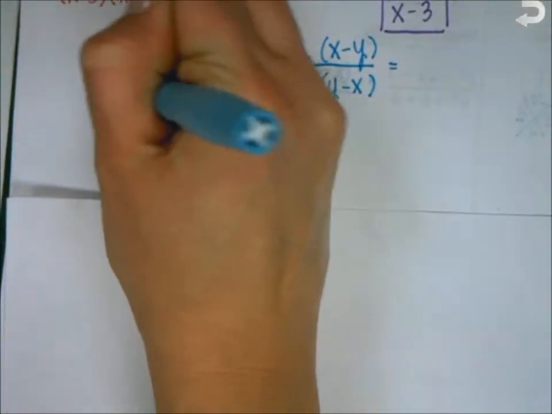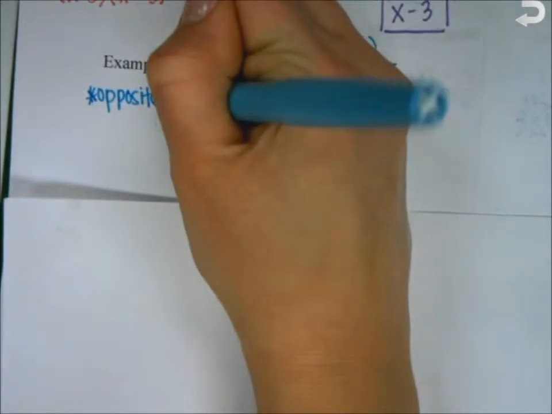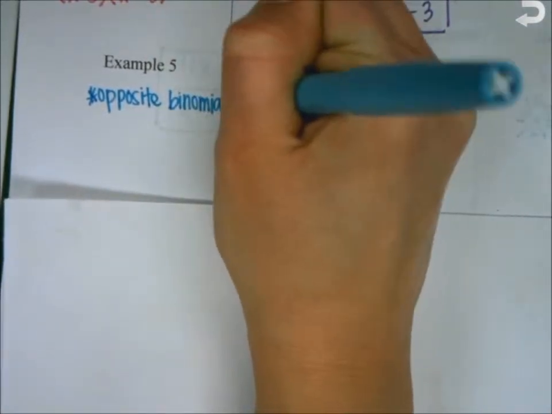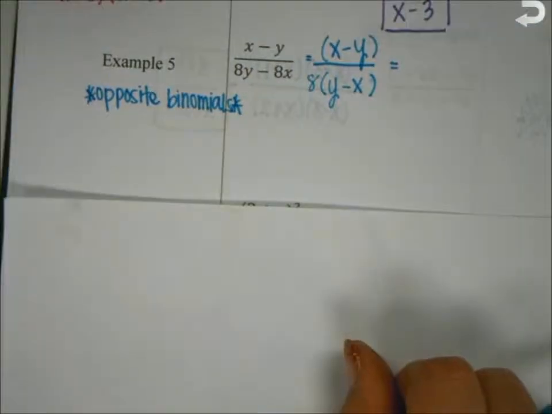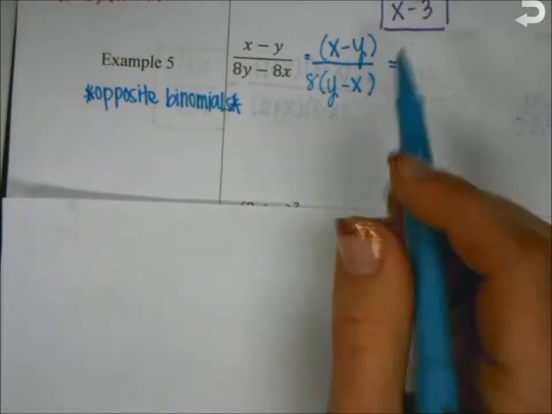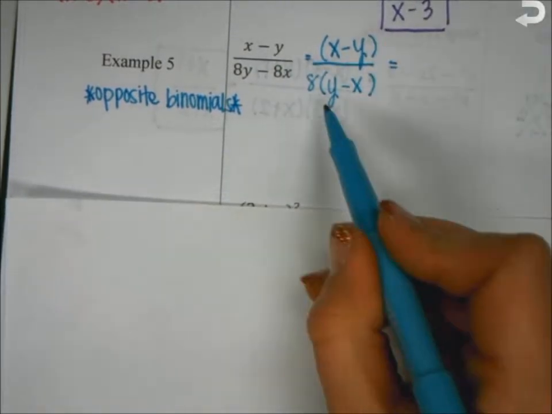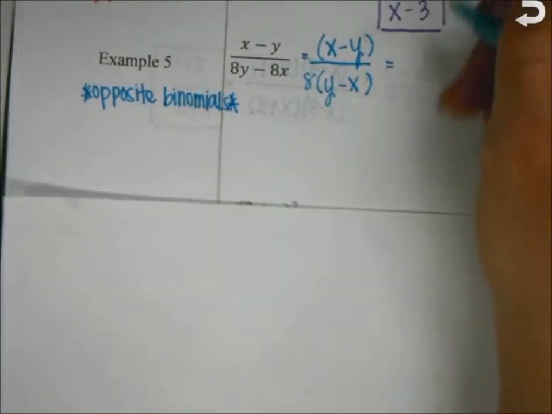So if we take out from the denominator a negative, that will actually flip these two terms. So in the numerator I would have x minus y over negative 8 times x minus y.